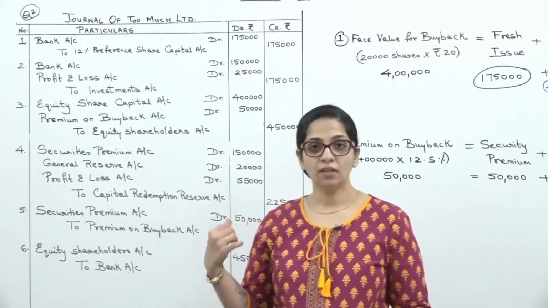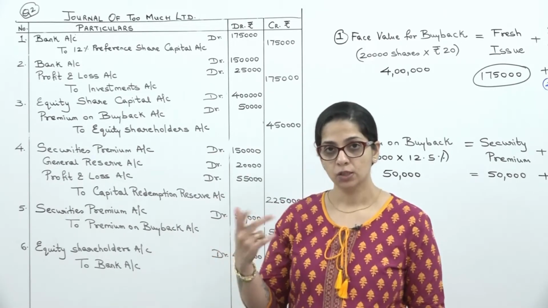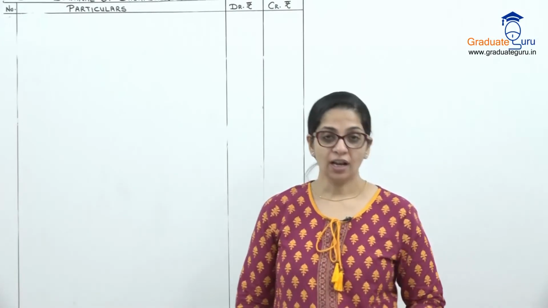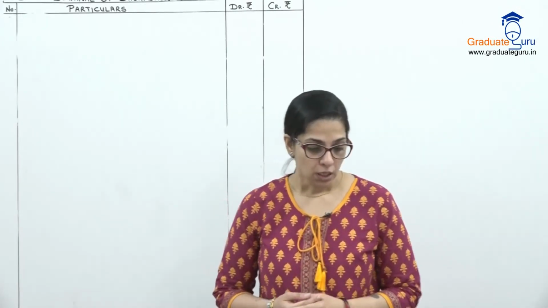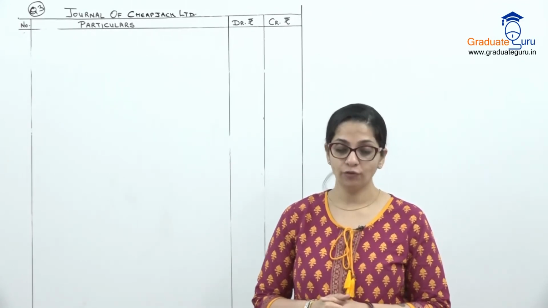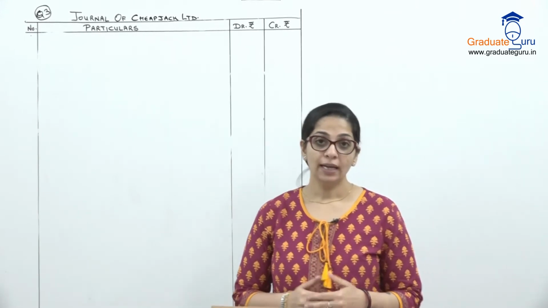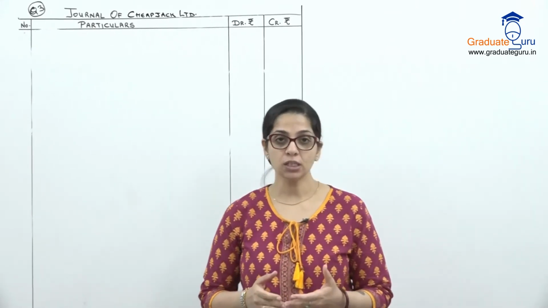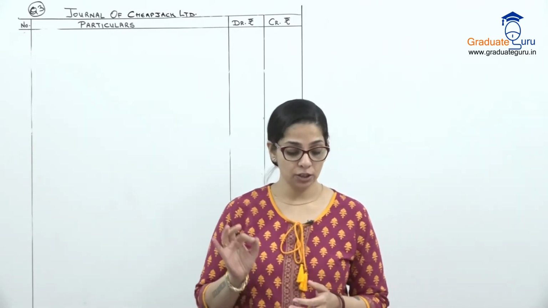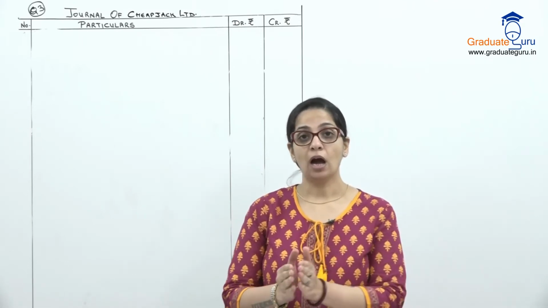Okay, hope you've copied this sum and hope you've understood it. Now we'll be doing a similar sum. Okay, so we'll go to sum number 3. Let's read our question number 3. Cheapjack Limited has a paid up share capital of rupees 10 lakhs comprising of 8,000 equity shares of rupees 100 each, rupees 80 per share paid up. 100 rupees is the share, but how much is paid up?